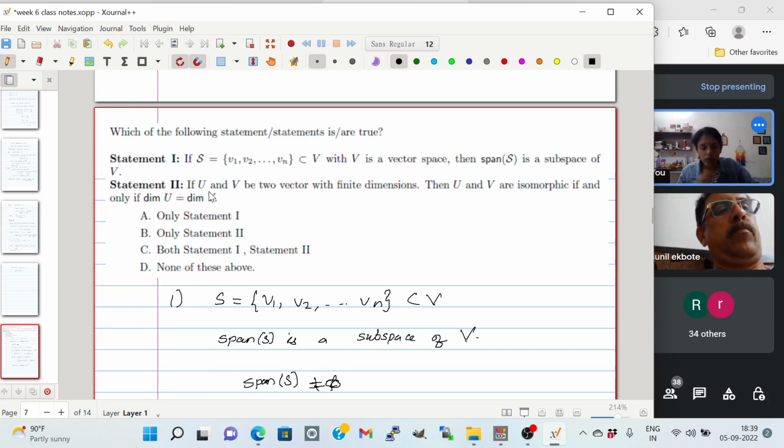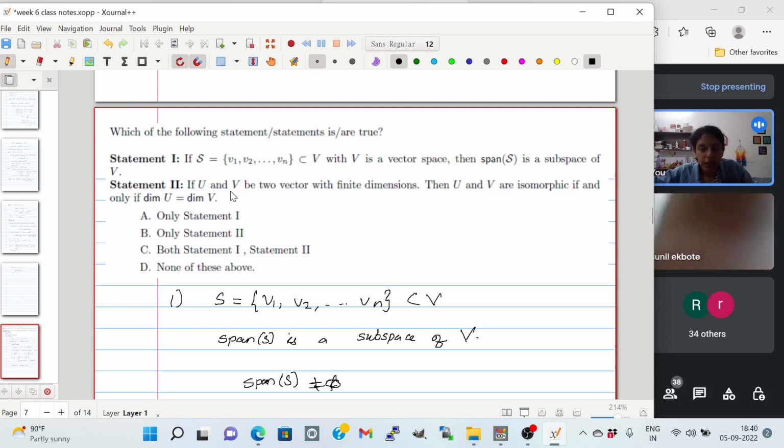The statement 2 says: if U and V are two vector spaces with a finite dimension, then U and V are isomorphic if and only if dimension of U equals dimension of V. This statement is actually already covered in the lectures, so I am not going to repeat the proof.